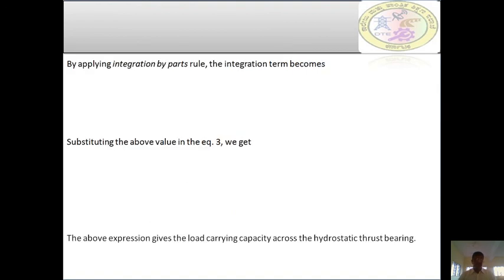When we integrate this equation by applying integration by parts, as I told you just now, this integration term becomes, with the limits of Ri to R0, the final equation: R0 square by Ri square divided by 4 minus log R0 by R into Ri square by 2.